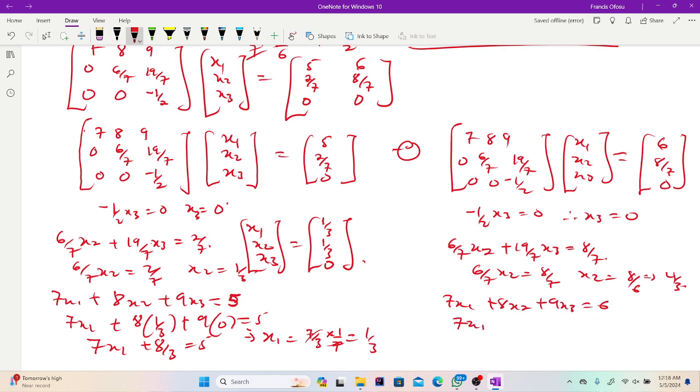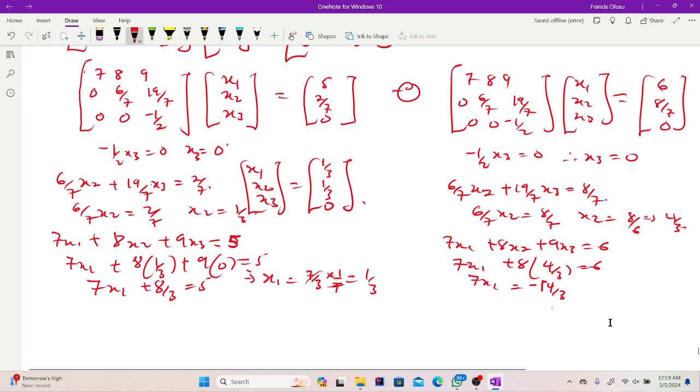7x1, I know x3 is 0, so plus 8, my x2 is 4 on 3 equals 6, right? So I'll have 6 minus 32 on 3, that is giving me negative 14 on 3. So 7x1 is equal to negative 14 on 3, so I can simply say x1 is equal to negative 2 on 3.